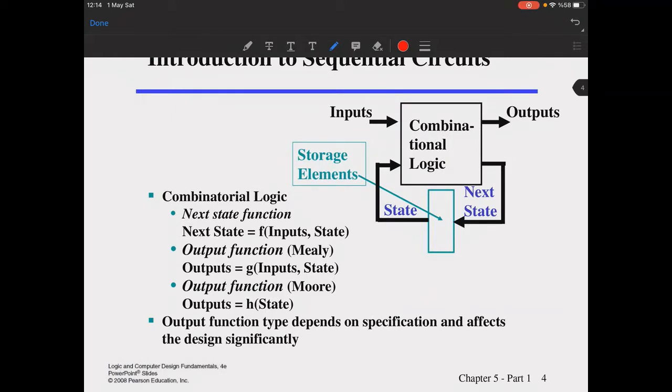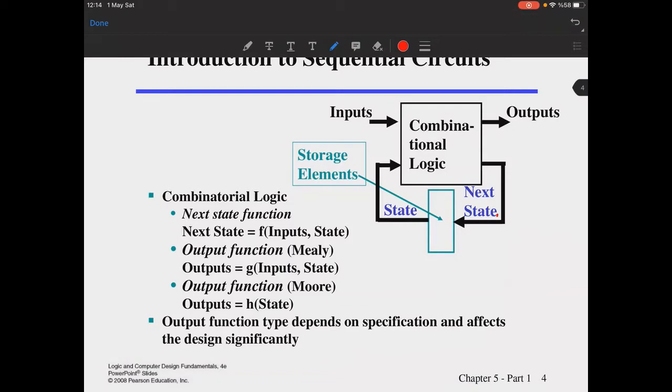So your next state function can be a combination of your inputs and current state right here. Your next state will depend on your current state and the inputs, of course. This is what is obvious from this schema here.